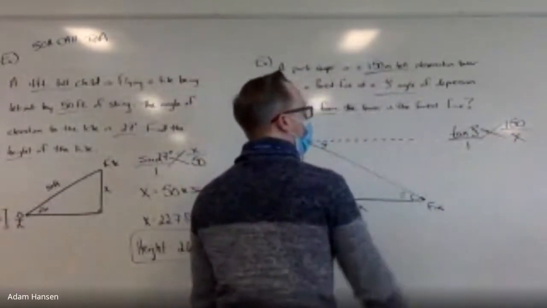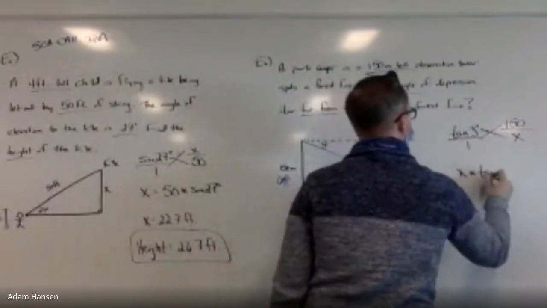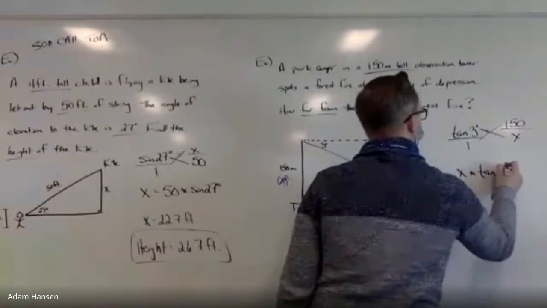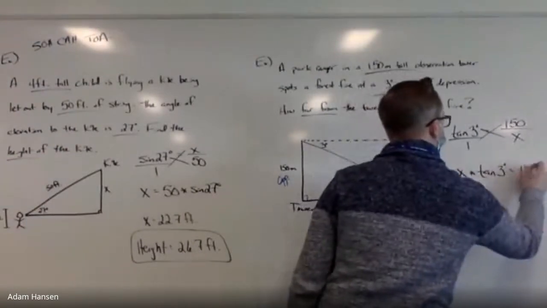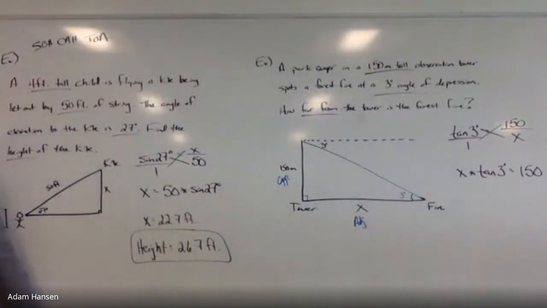So my two cross products, x times tangent 3 degrees, equal 150. I need to solve x times tangent 3 degrees equals 150.